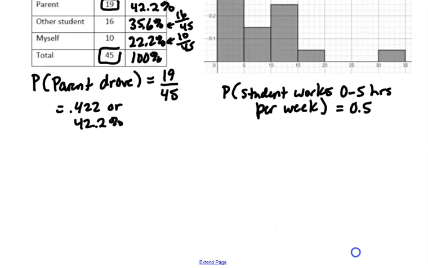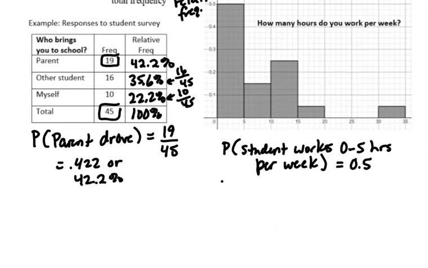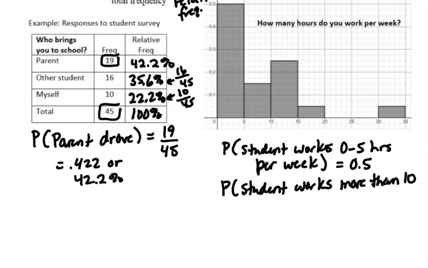Now, what about the probability that a student works more than 10 hours per week? So I'm going to look at two different bars. I'm going to look at this bar and at this bar. Or sorry, more than 15 is what I meant to say. I just misread my graph.